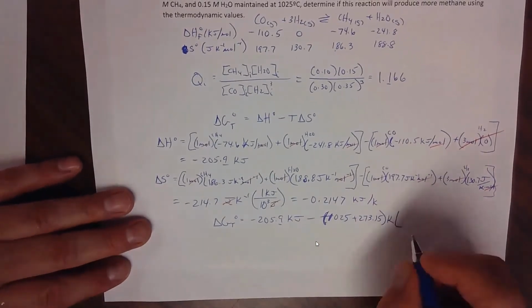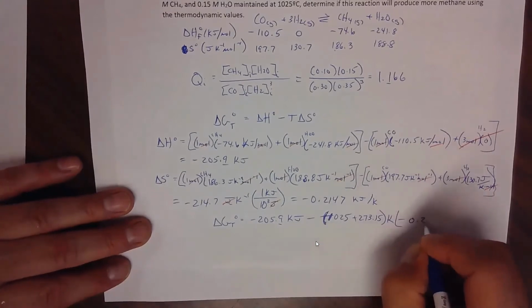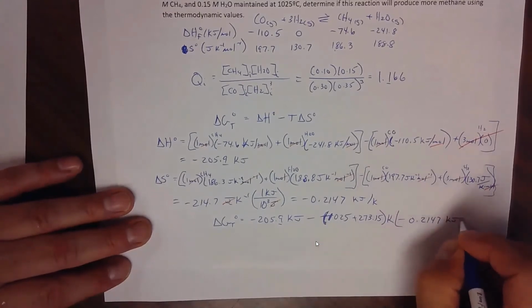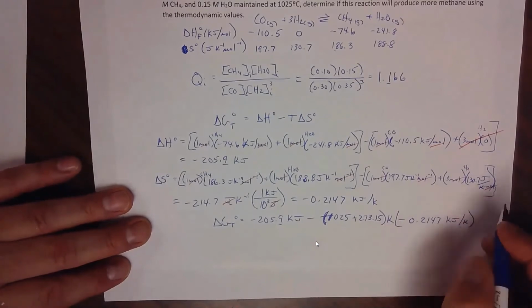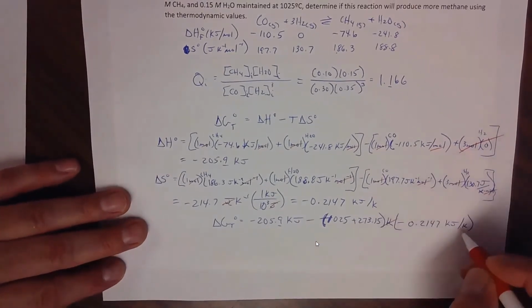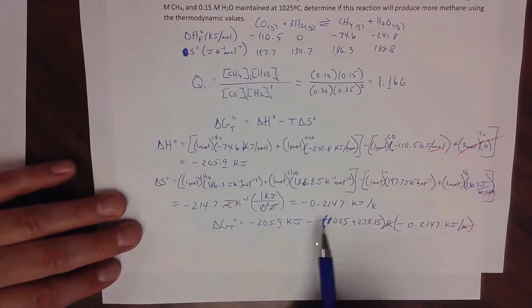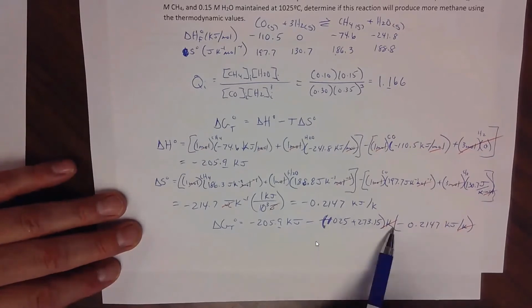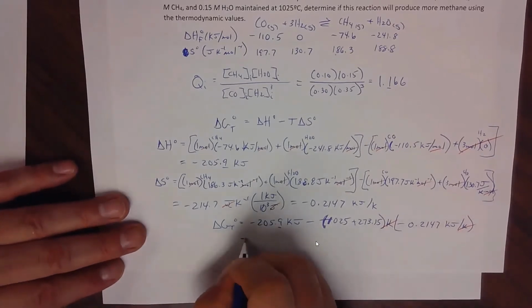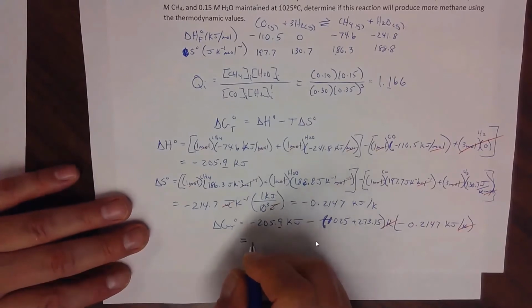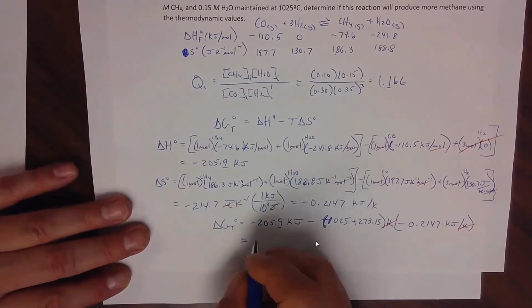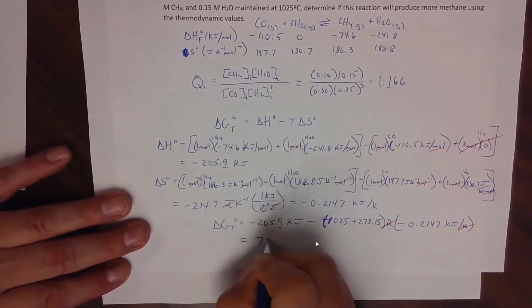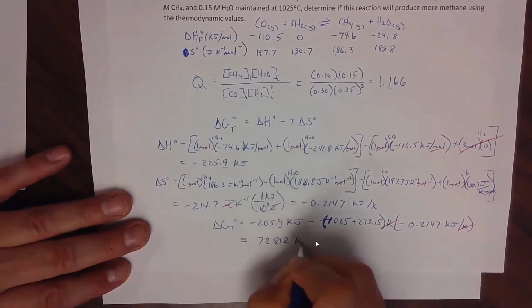And then our S value, which is negative 0.2147 kilojoules per Kelvin. So our Kelvin is going to cancel. Then we have kilojoules, in this case, plus kilojoules. So your del G of T value then is 72.812 kilojoules.